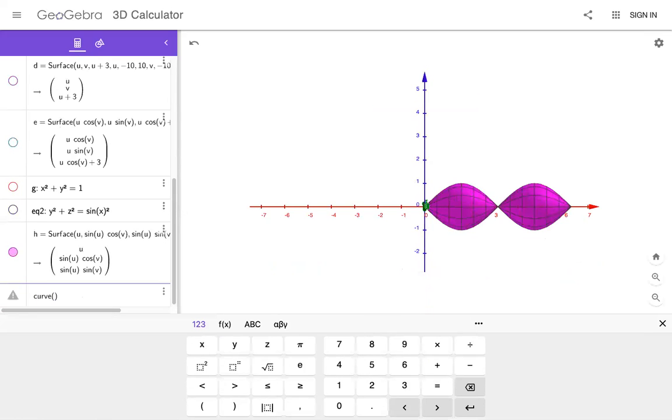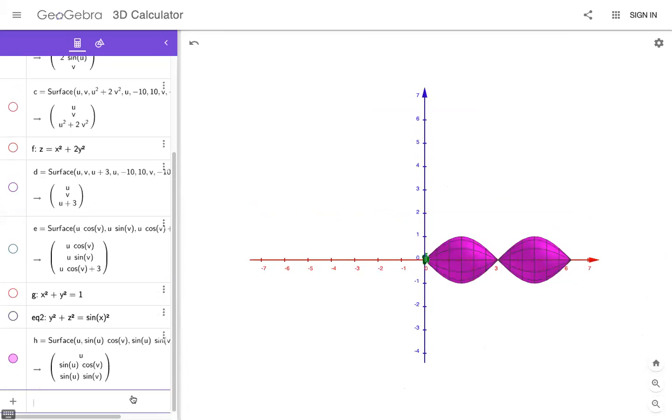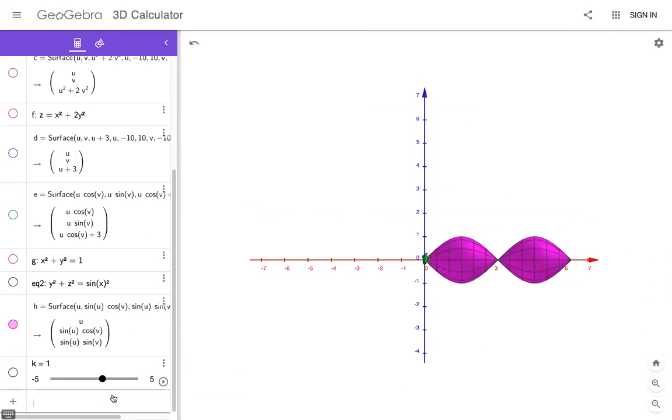I'm going to create a slider. Can I create a slider in a nice way? Oh, there it goes. Okay.